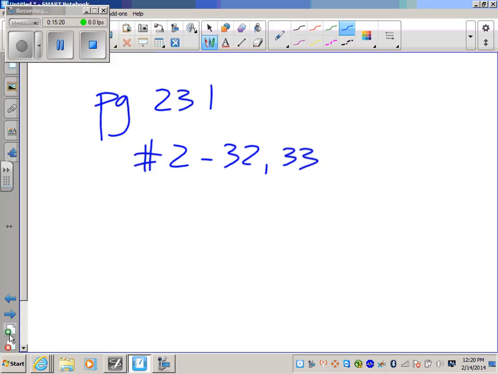These are even, but I wanted you to do 33 because 33 is like what we just did. Your directions for 2 through 26 even are just factor. So when you look at the opposite page, you've got that checklist there. Use it. Because if you can follow that, you're going to be fine.